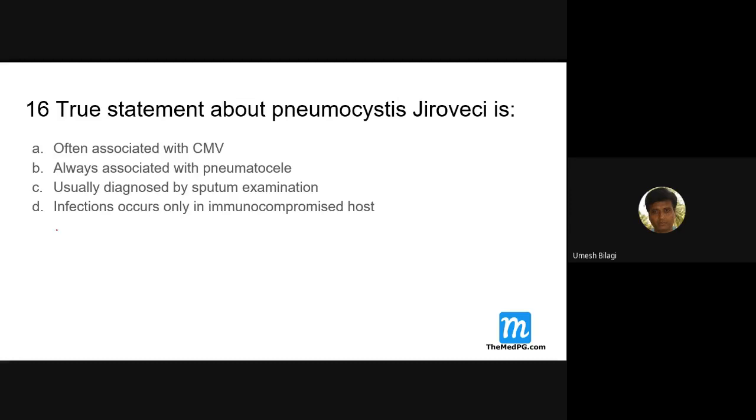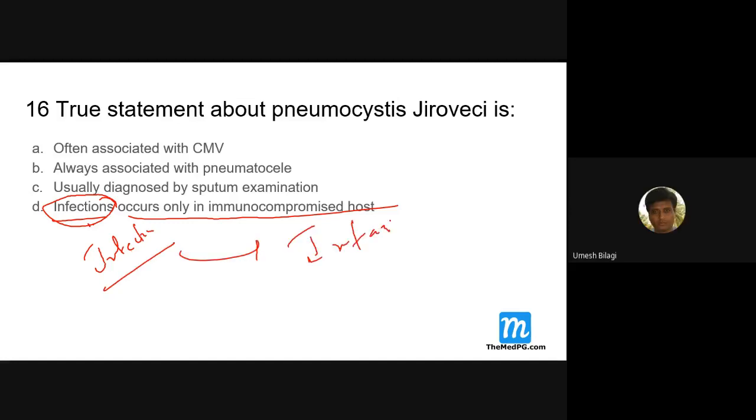Infections occur only in immunocompromised hosts. The question choice is about infection, not a disease. It's not, sir. Infections occur in infants also. Just now I told you that. Sir, C option is the correct one. Infection is different and development of a disease is different.